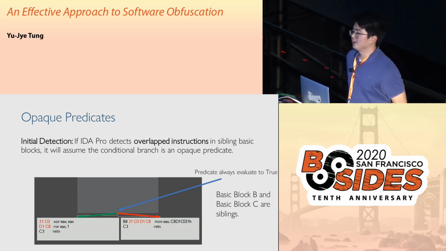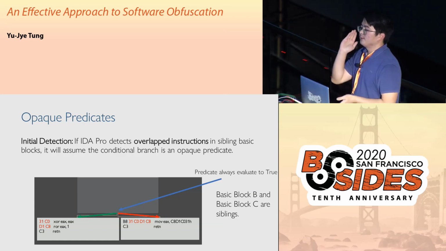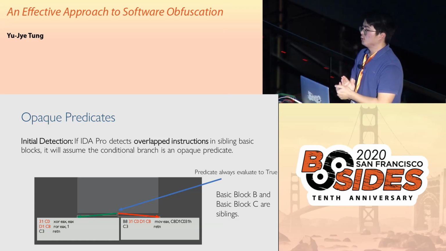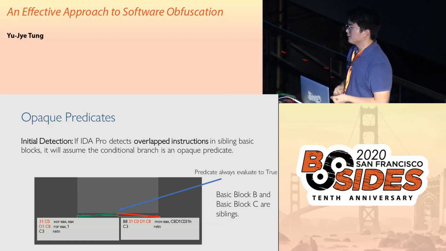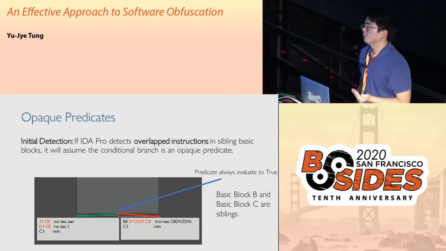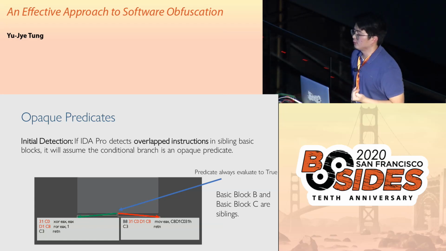Overlapping instructions are when one or more instruction bytes are interpreted as more than one instruction. For the opaque predicate here, if the if statement evaluates to true, then the bytes 31, C0, D1, C8 will be parsed as an XOR and ROR instruction. But if it evaluates to false, those same four bytes will be evaluated as a move instruction.